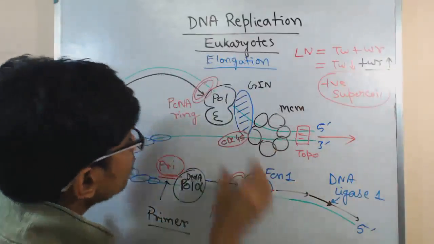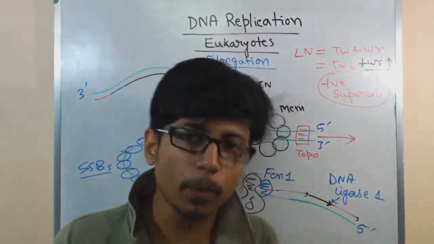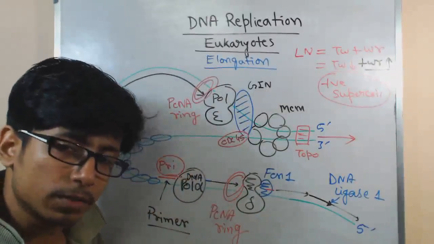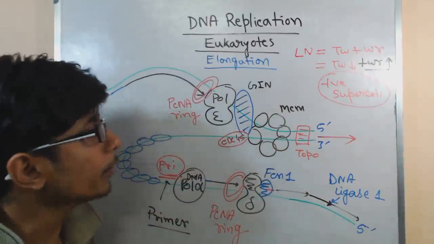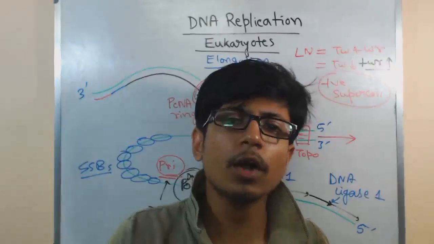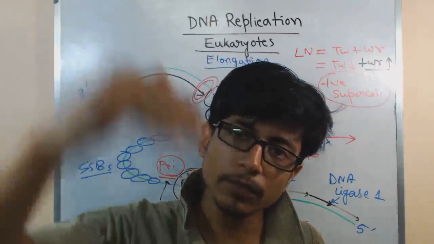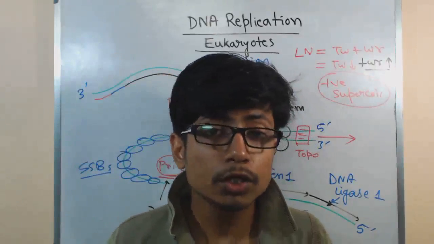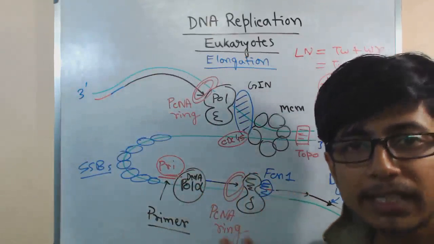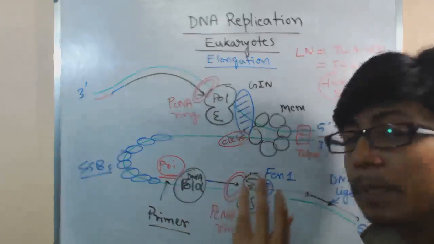Polymerase epsilon and polymerase delta are complex, heavy structures with huge molecular weight, so they cannot attach to the DNA for very long and will eventually fall off. To prevent premature termination of DNA polymerization, we need this PCNA ring.